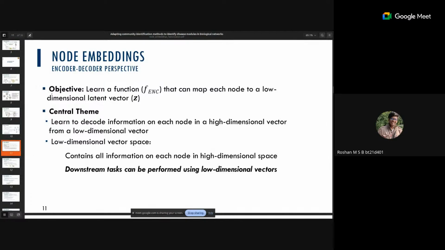Can anyone let me know what an encoder or decoder does and why we need it here? To reduce dimensionality. It's not about, okay, reducing dimensionality of what?